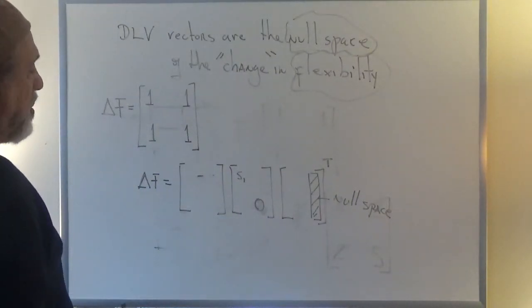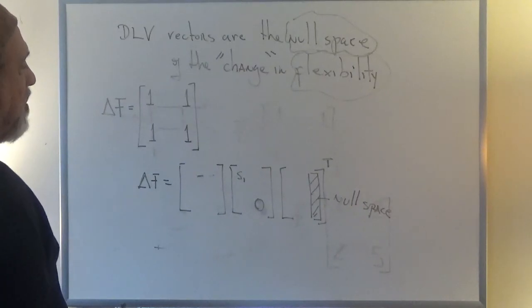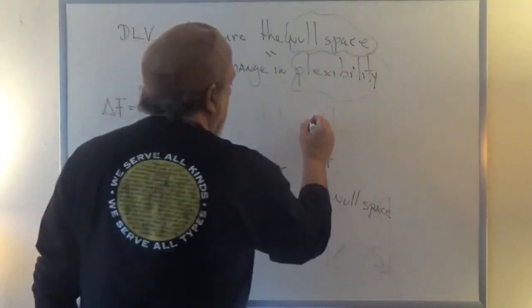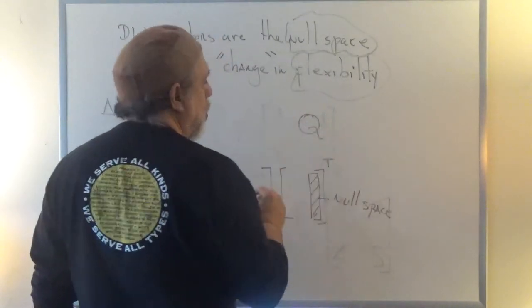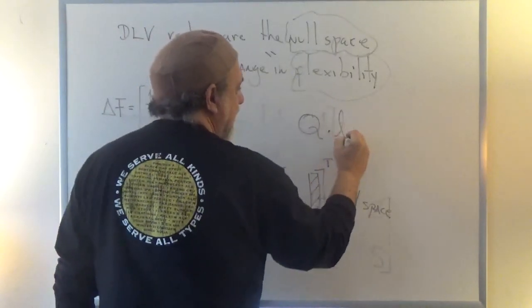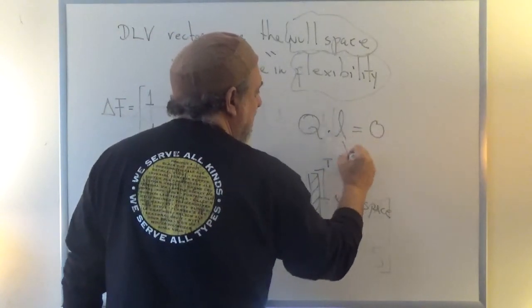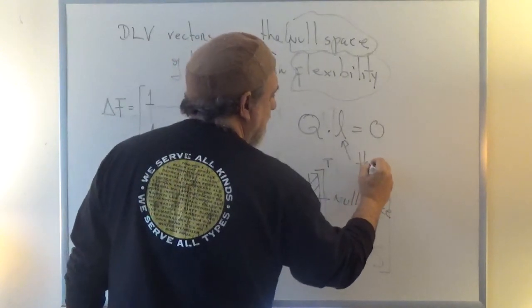What is the null space of a matrix? The null space of a matrix is simply this. If I have a matrix Q and I multiply it times L, and I get 0, then L is in the null space.